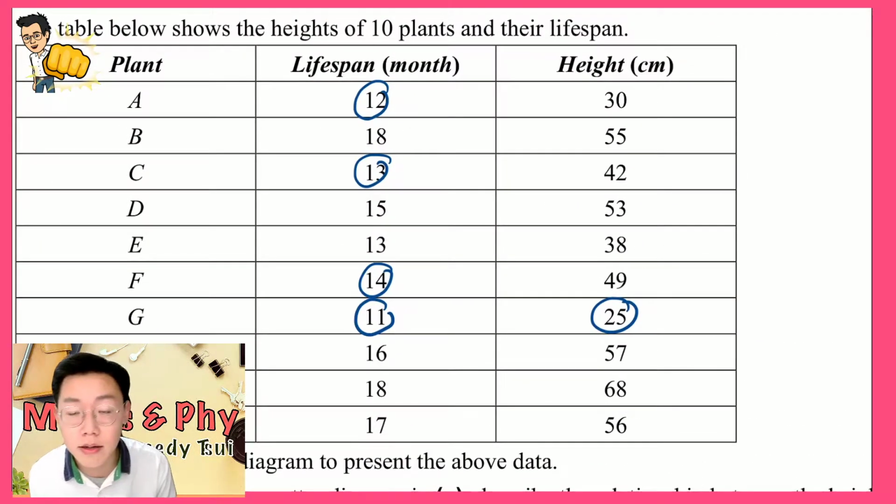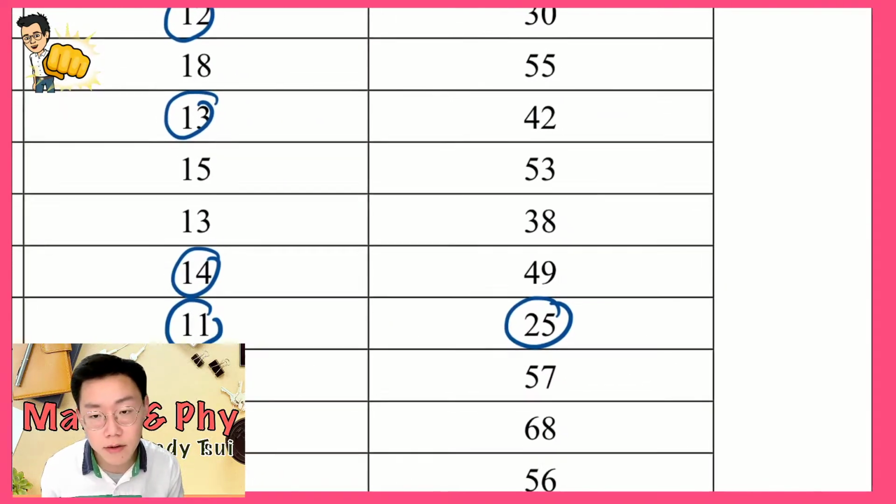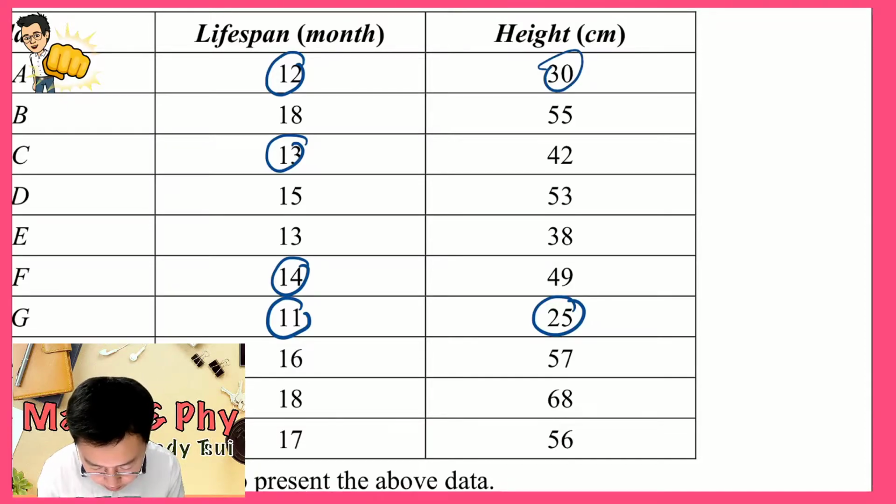It is about the height, and because it starts with 25, that means 25 is the smallest number. Then we can see 25, and then 30, then 40 something, 50 something, and 60 something.